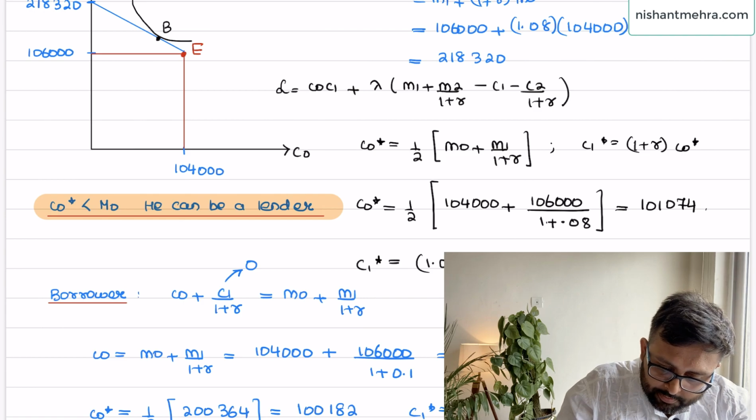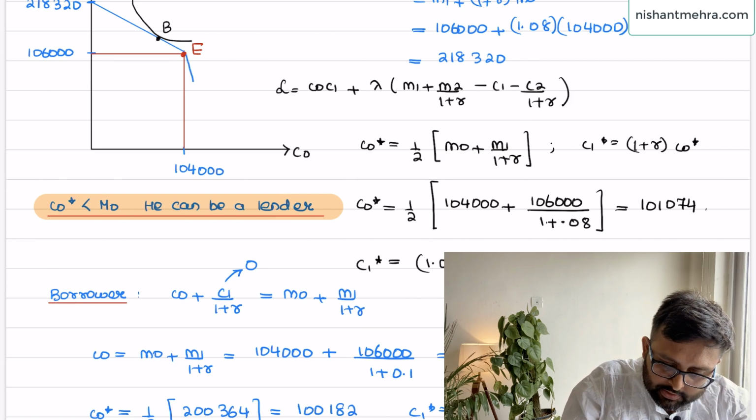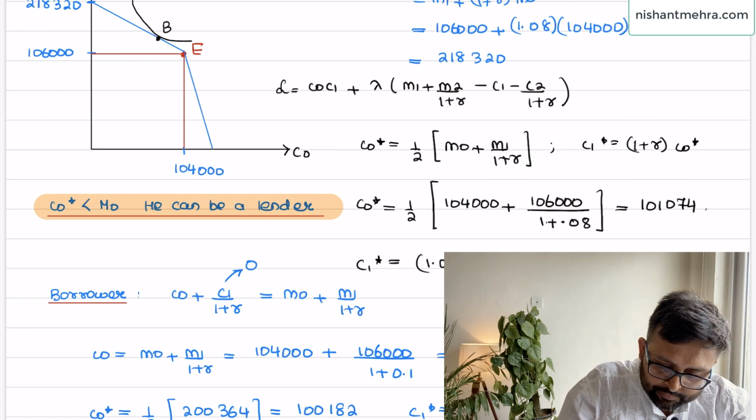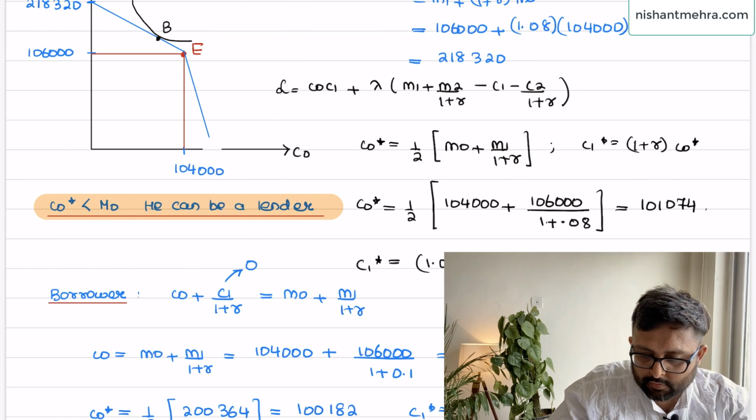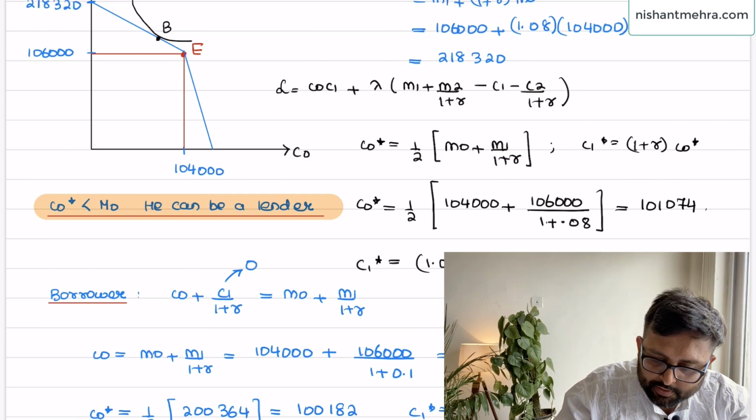Now you just think about it. This is 200,364, and first of all, this is going to be a little steeper. Why is it going to be steeper, beta?